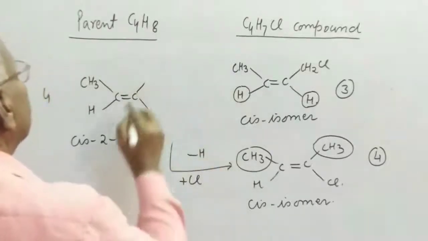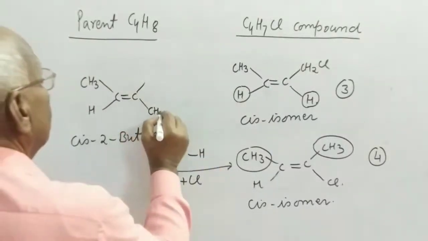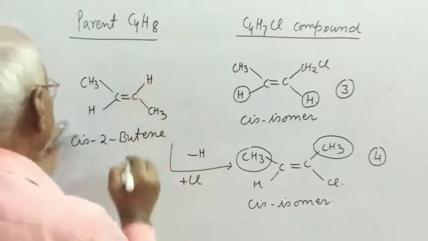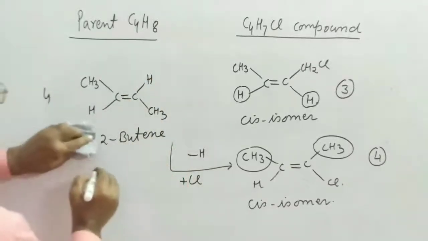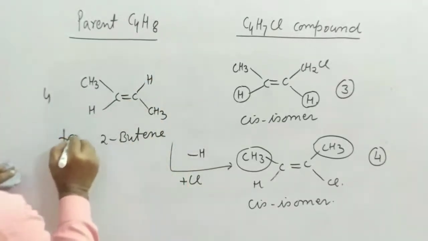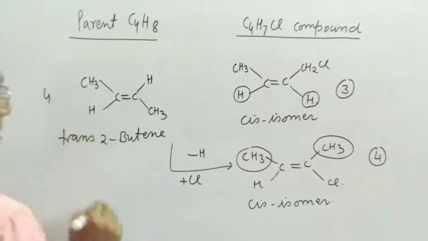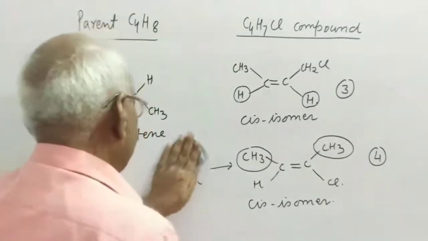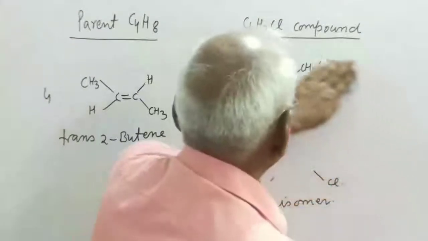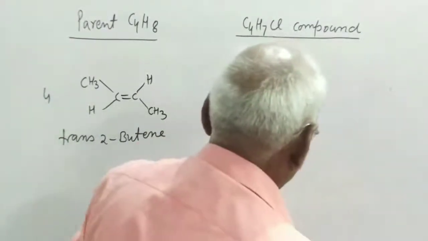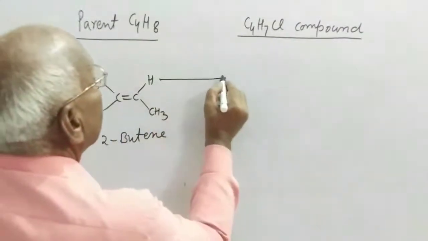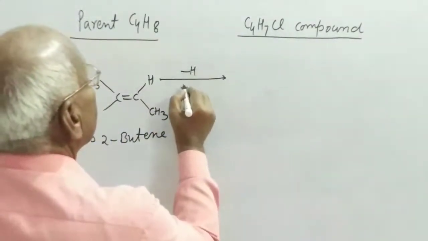trans-2-butene. This structure will generate two geometrical isomers. First, I replace this hydrogen by Cl.